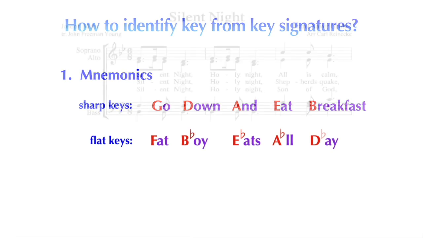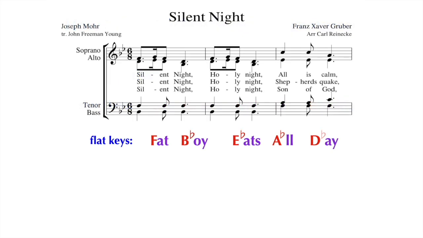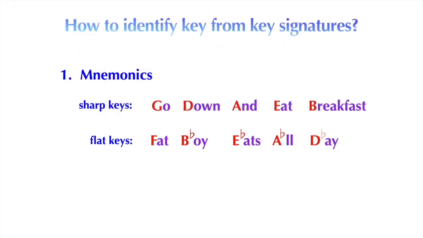For example, if we see 2 flats in the key signature, fat boy, so it is B flat major. And you may notice that for flat keys except F major, all keys have got flats like B flat, E flat, A flat, and D flat.